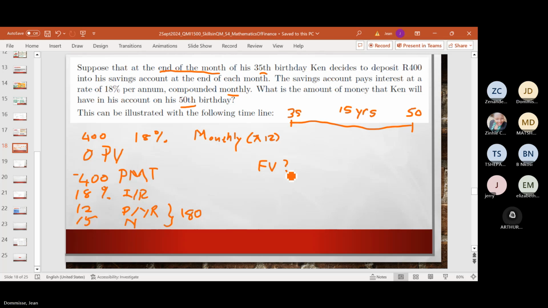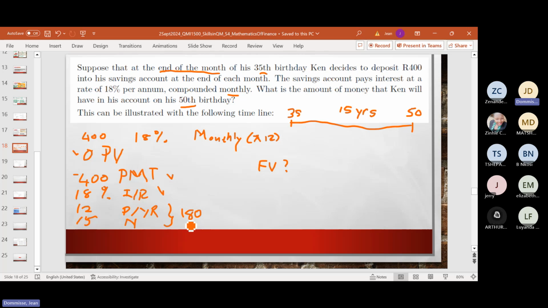Okay, so firstly, I'm just going to mention the steps on a financial calculator. I will always start with 0 present value. So 0 present value, then minus 400 PMT. Then we've got 18% interest.